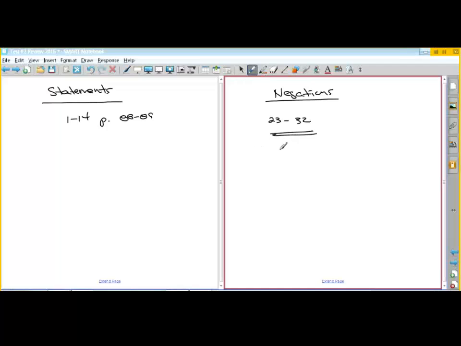So the key thing to remember here and to review is some of them just say a statement, and they're easy, just put not or something like that. But if you see words like all, some, every, what else have we got here? Yeah, so 23 and 24 are the ones that are the easy ones.